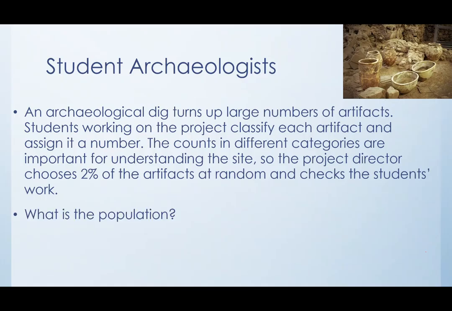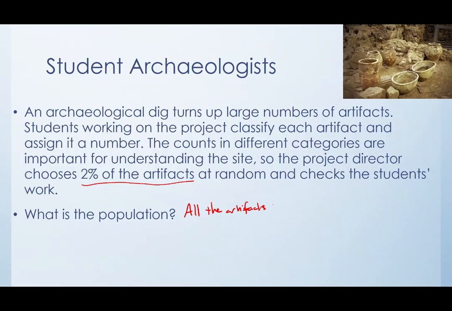And so we want to know what's the population and, of course, what's the sample. And so here he's selecting artifacts. And in this case, it only tells us explicitly the sample, right? But the population, we can infer, would be all the artifacts that were classified by the students, or actually artifacts, there we go.